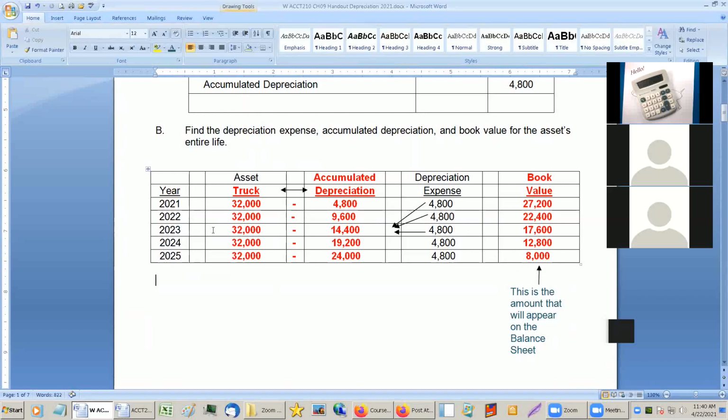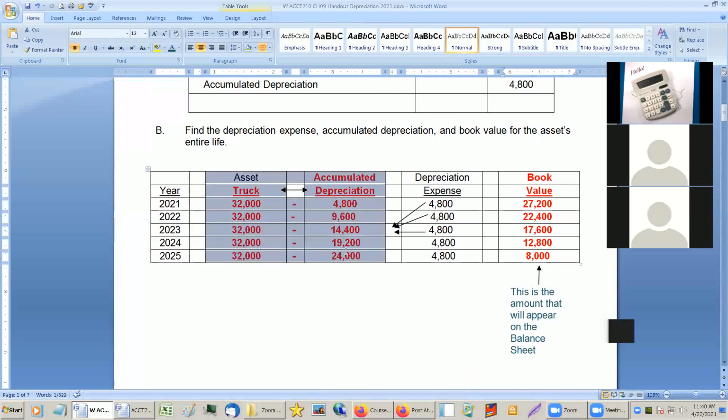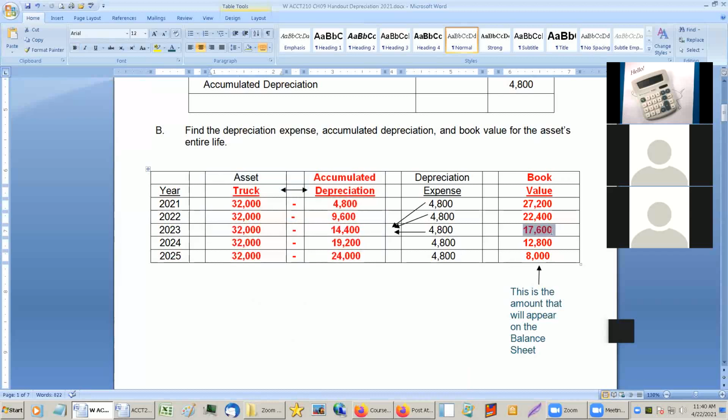For instance, in 2023, you have 32,000 minus 14,400. These accounts would be in the background, and they're there because they give you more information. But this is the actual amount that you show on the balance sheet for, say, 2023.